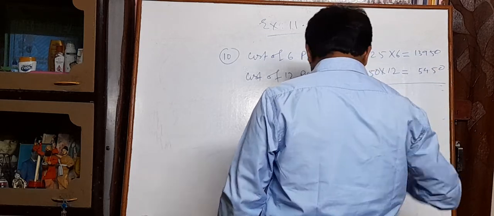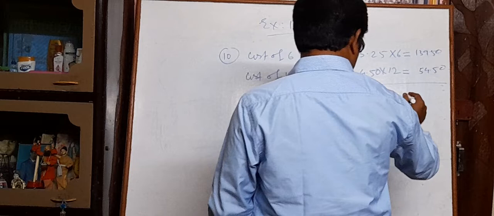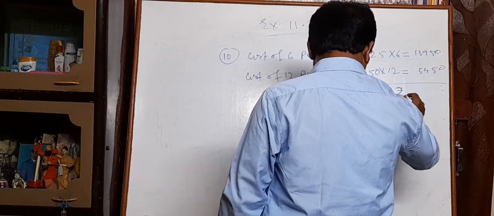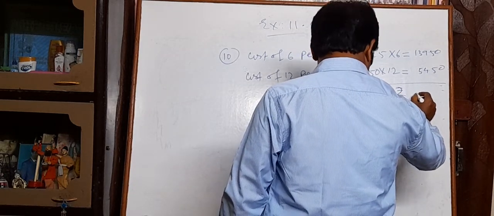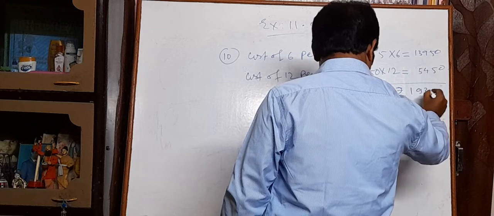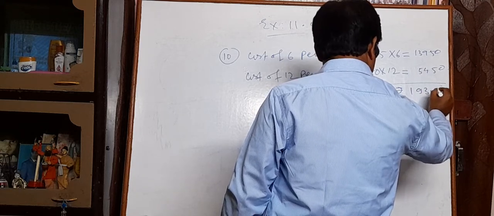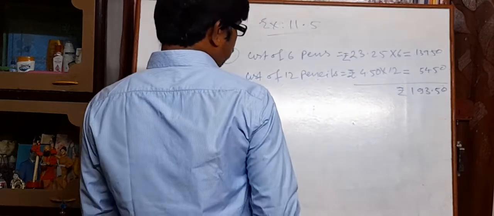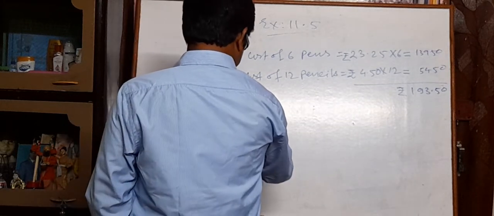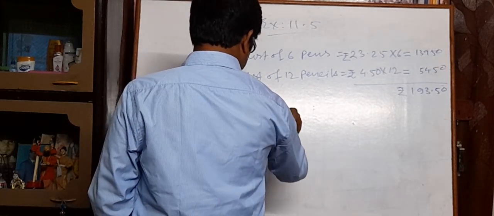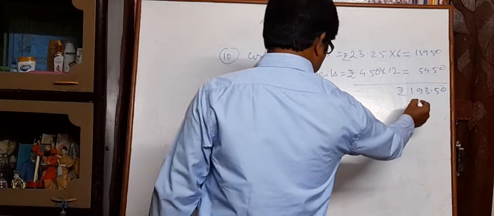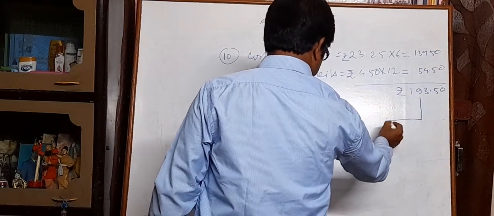Add these together. Total cost is coming rupees 193.50. How much money have we given to the shopkeeper? Rupees 200. So this much money we have spent.